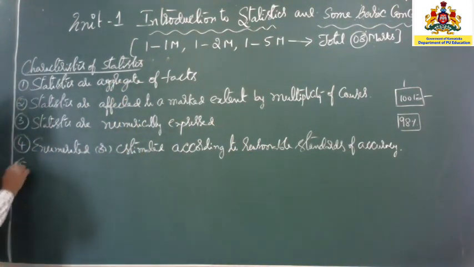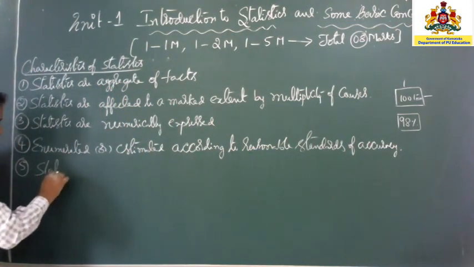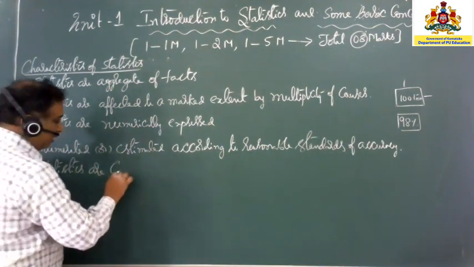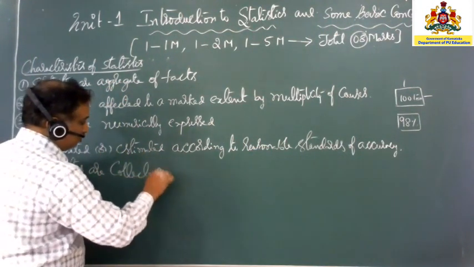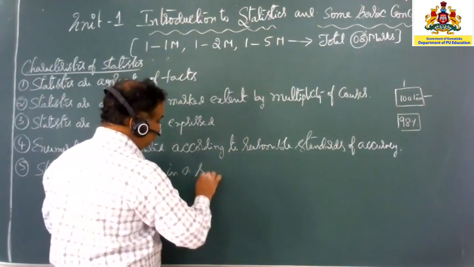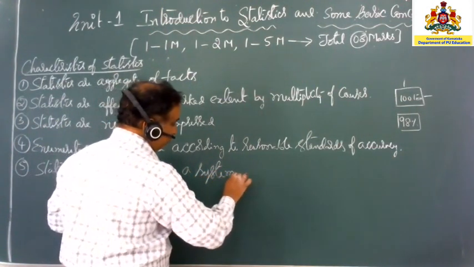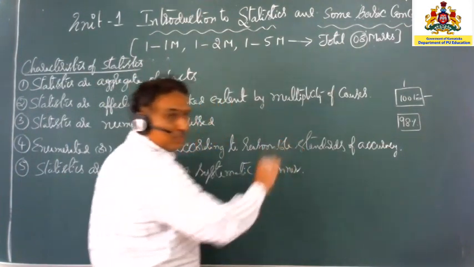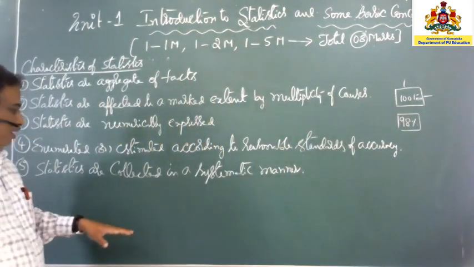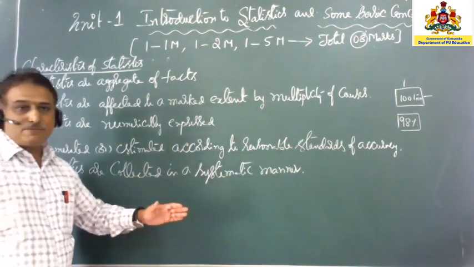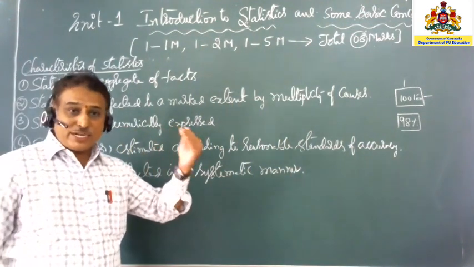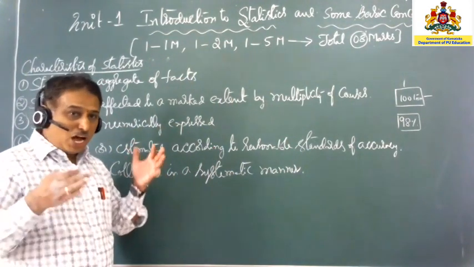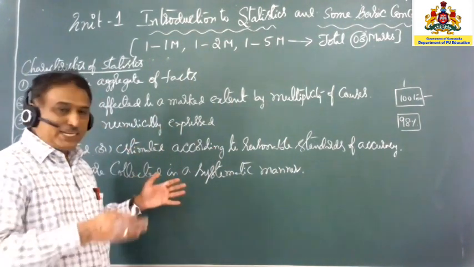Next step is collected in a systematic manner. Statistics are collected in a systematic manner. Generally, before entering the survey field, the statistician has to organize the information in a systematic manner.